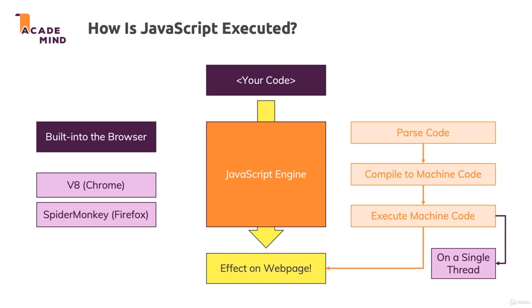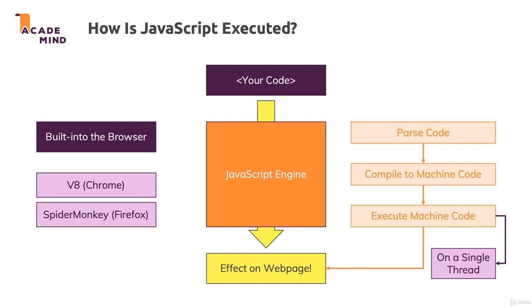The JavaScript code is also yet another task which your operating system in the end has to take care of. And this runs on a single thread. Of course, we have multi-threading on modern machines so that they can do multiple tasks at the same time, but the JavaScript code execution runs on one single thread there. So the JavaScript code execution always happens in one single thread on your operating system.